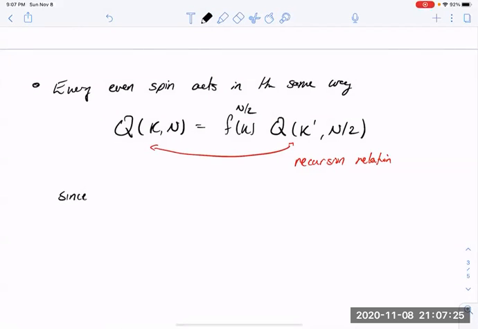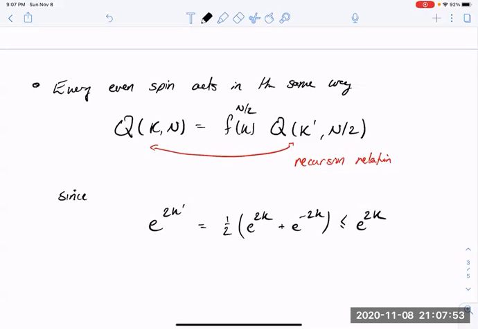However, it's sufficient to note that since e to the 2k prime is equal to 1/2 of e to the 2k plus e to the minus 2k, that's hyperbolic cosine of 2k, that is necessarily less than or equal to e to the 2k, since we started with a k that was positive.